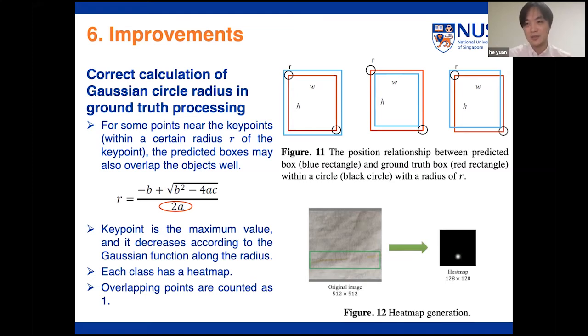But actually, for this method, it's not so useful. We need to calculate the width and height, and sometimes we cannot get a very exact position. So we think we can use the Gauss circle radius to do this part. If the box falls in one of these three different situations, inside these circles, we think it's a good result.